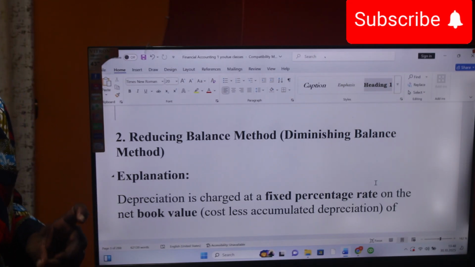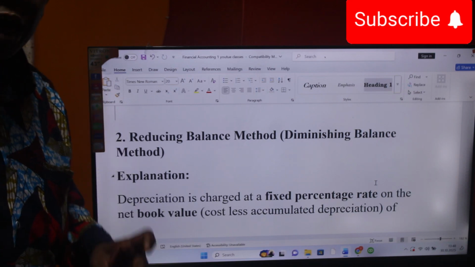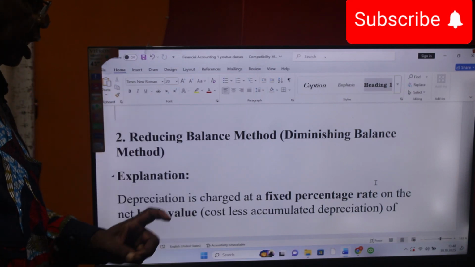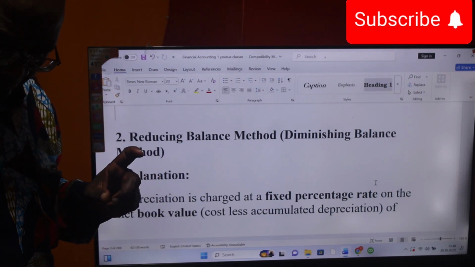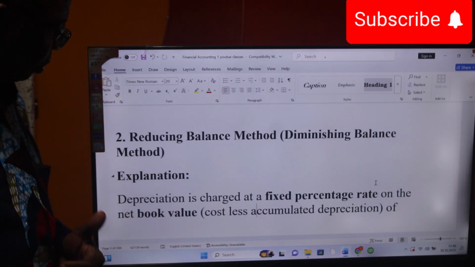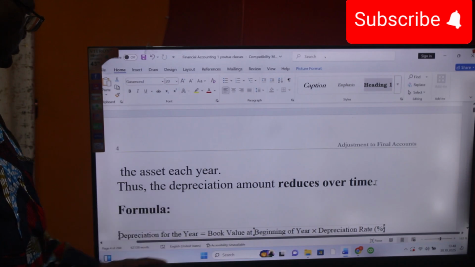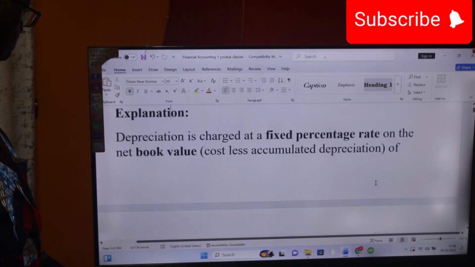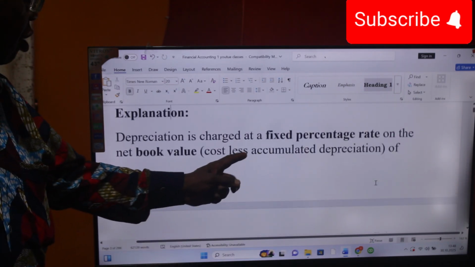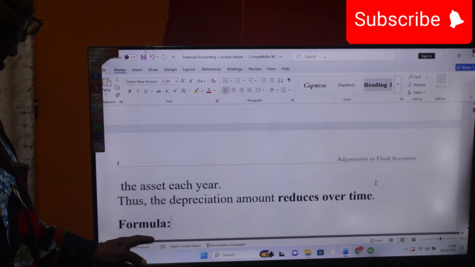So the depreciation charge will go down over the years based on the previous depreciations. So we are saying each year, the cost less accumulated depreciation of the asset.